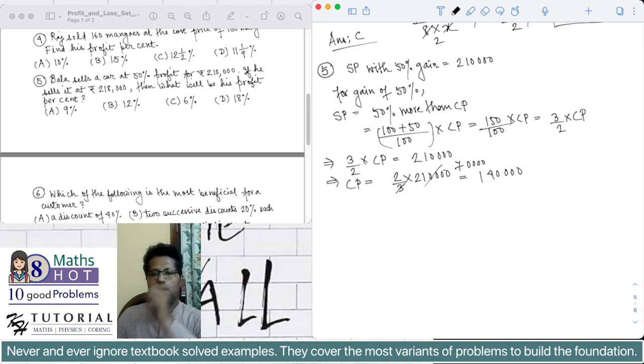Now it is asking, if the car is sold for rupees 2,18,000, what will be the profit percent?